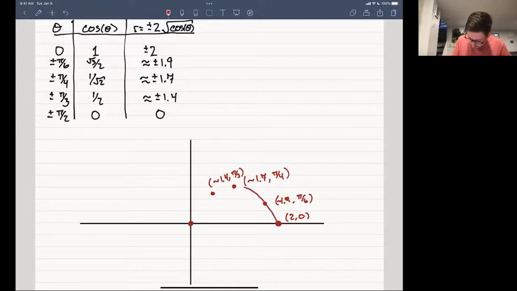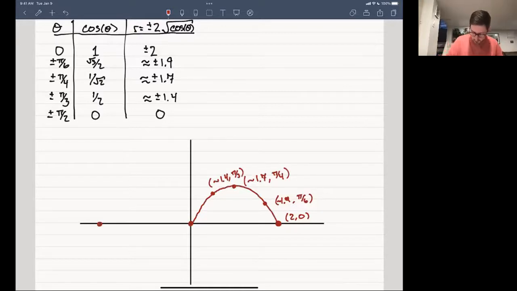So this should be a perfect half circle. You've seen my drawing skills before. It's not great. But this thing is now symmetric over the y-axis, so I get another half circle up here.